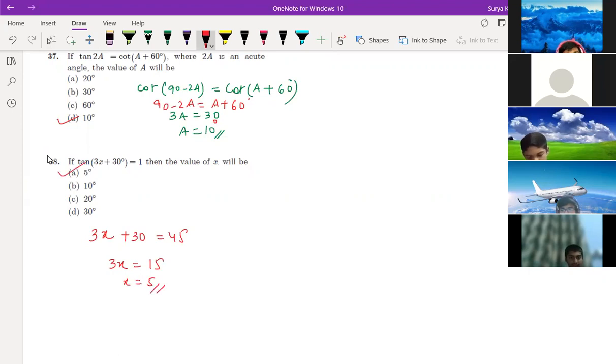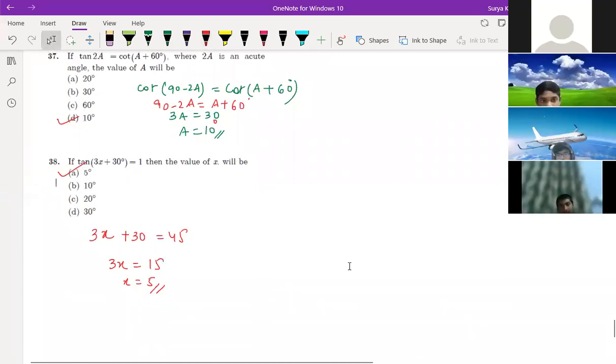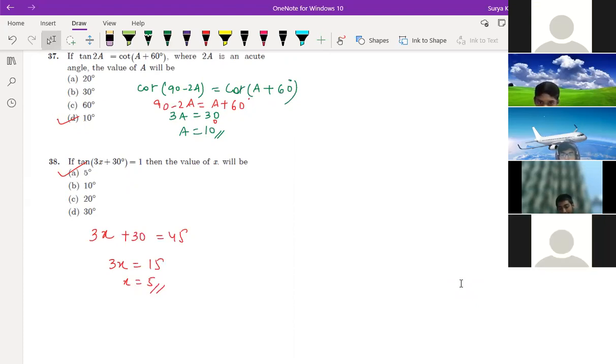Is it clear to everyone what I've done here? Yes. So who else is there? Kritika? Are you there in the meeting? Yes, sir. Are you understanding anything over here, or completely blank, Kritika?